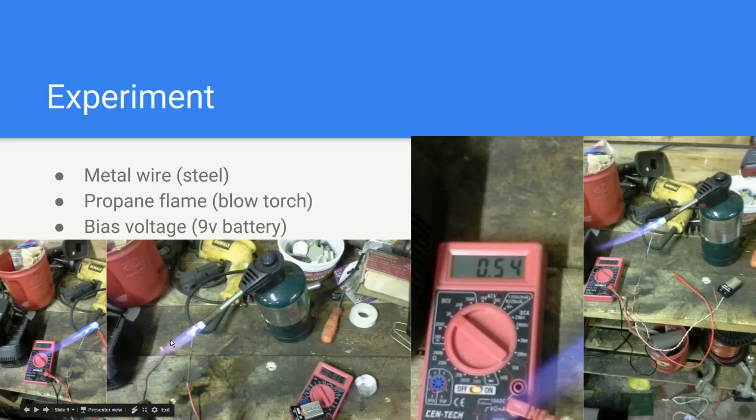The flame ionizes the air around it. Yeah, if you didn't know, a flame is actually like air in its plasma state rather than gaseous state. It's a superheated gas. And right here, this was about 3.5 inches between the two, and that's a bad picture because it was really a lot higher voltages than that, but I was kind of holding my phone above it too to get a picture.